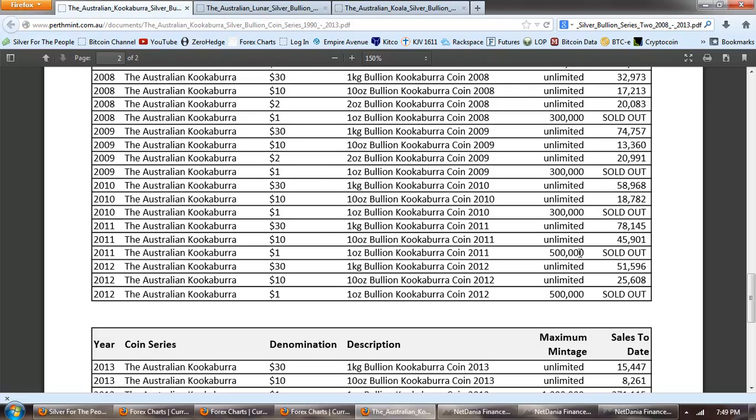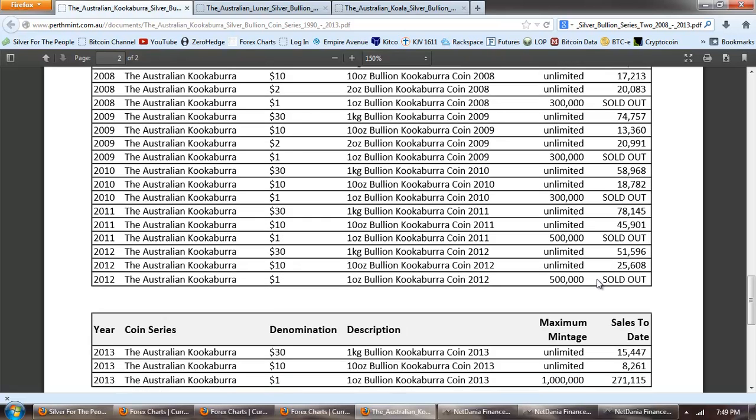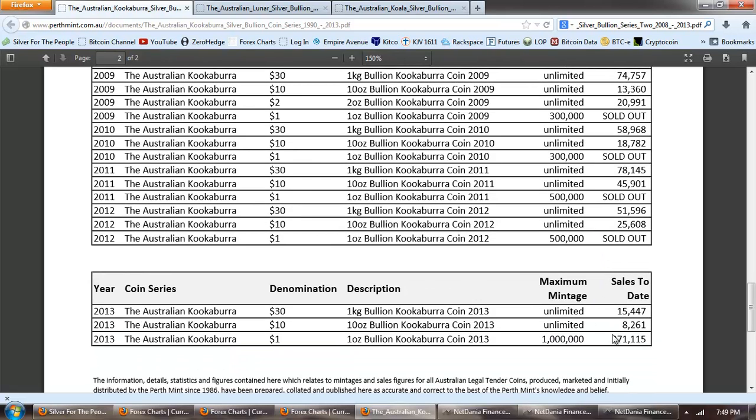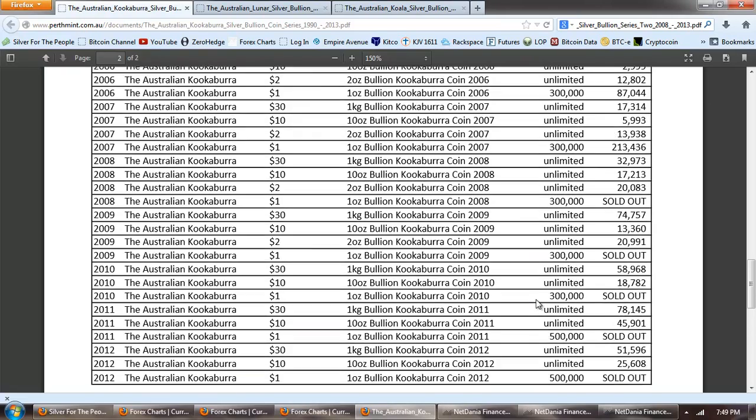But you have to notice this difference here. The maximum mintage was upped in the year 2011 to that 500,000, and that was the case in 2012 as well. They still sold out, even though they increased it by 200,000. But this year's the first year that it's at 1 million. So will they reach that 1 million and sell out? I don't know.